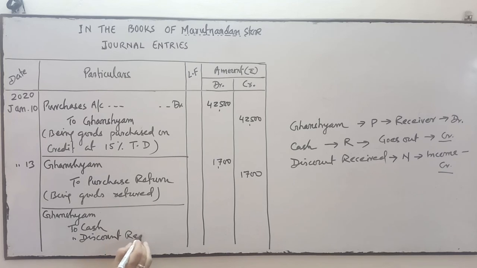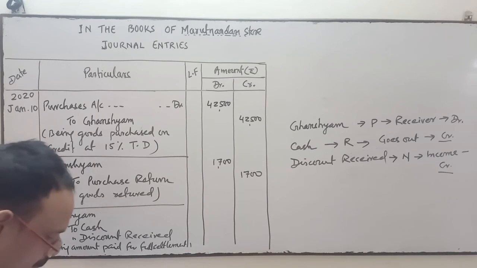Then we'll write the narration: being amount paid for full settlement. Not received, being amount paid for the full settlement.